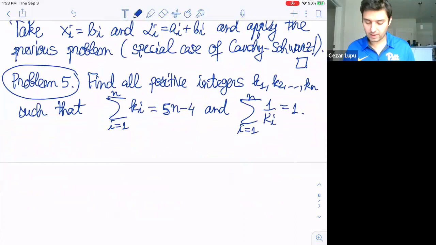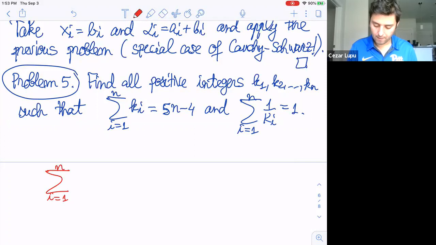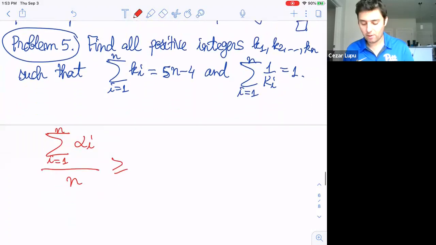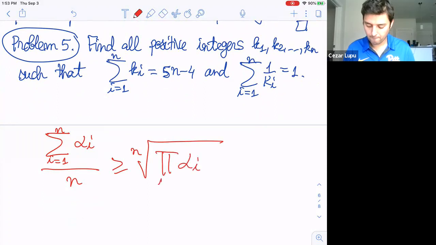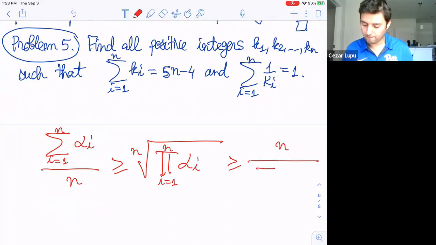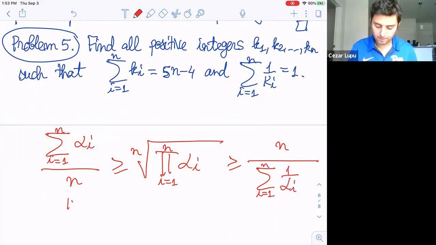In the previous lecture, we have these inequalities. Let's call this alpha i over n, so the arithmetic mean is greater or equal than the geometric mean, and greater or equal than the harmonic mean. We call these AM, GM, and HM.